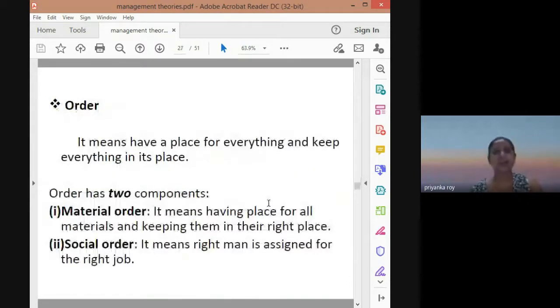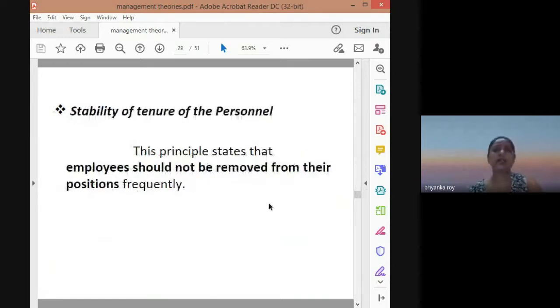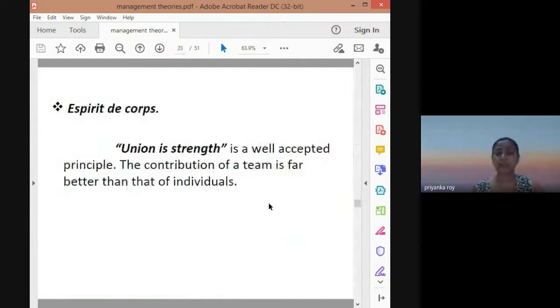Then order means having a place for everything and keeping everything in place. Order has two components, material and social order. Equity means being just and loyal to all concerned, and stability of tenure should be maintained. Then the initiative of the employee should be taken care of.